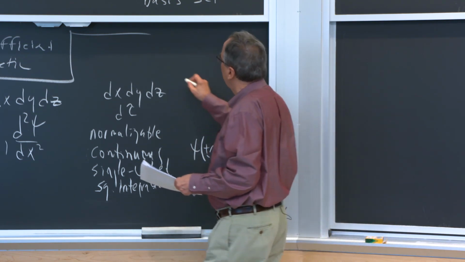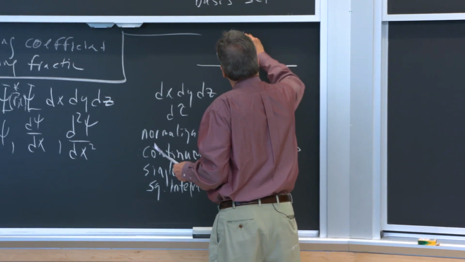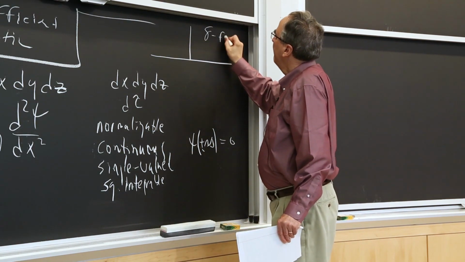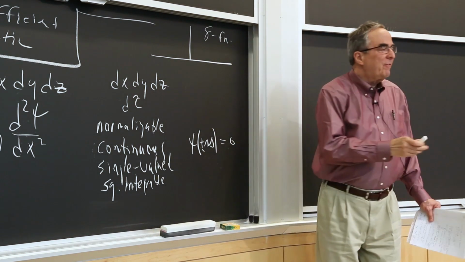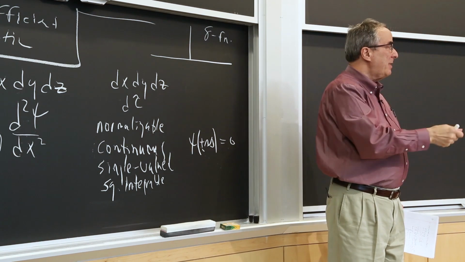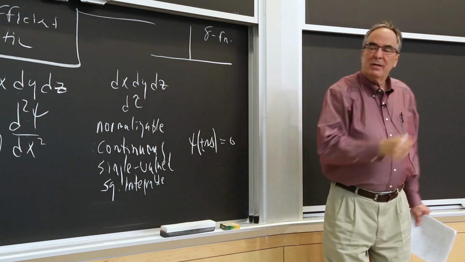Now, there is a wonderful example of a kind of a problem called a delta function. A delta function is basically an infinite spike. Infinitely thin, infinitely tall.